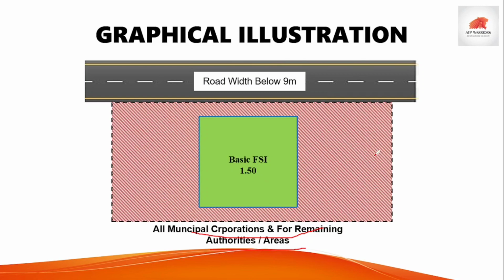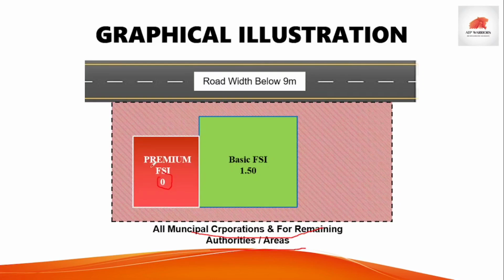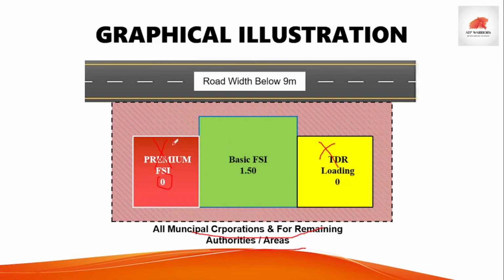The basic FSI and maximum potential are the same, that is 1.50. And what is the premium FSI? 0, and TDR potential is also 0. The reason I included these boxes here is just to show that it is 0. There is no necessity of these boxes, but I have included them to get the point across that the premium and the TDR loading is 0 here.